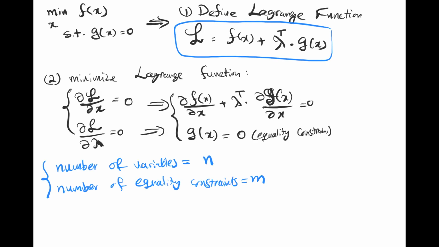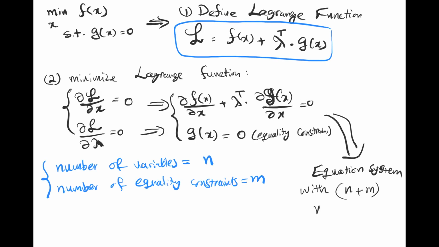In this scenario, this changes to an equation system which has n plus m variables and n plus m equations. What does that mean? That means if this problem has an answer, it's going to be a unique answer.